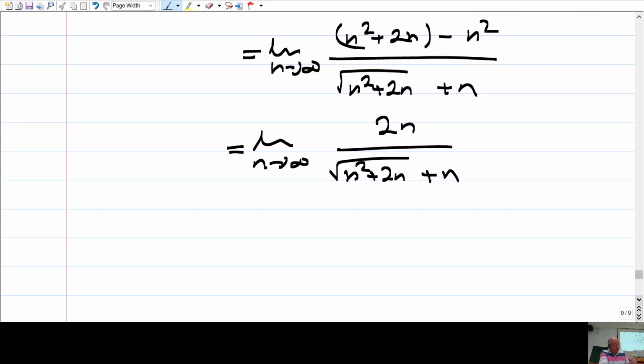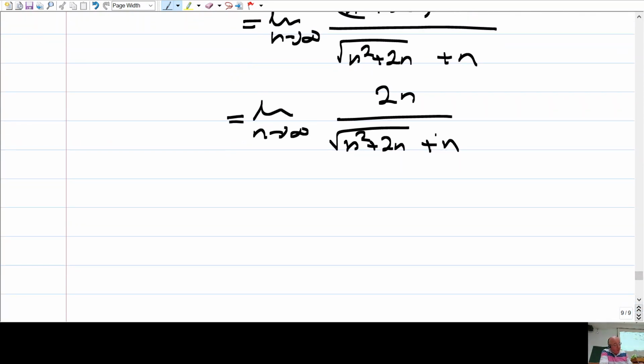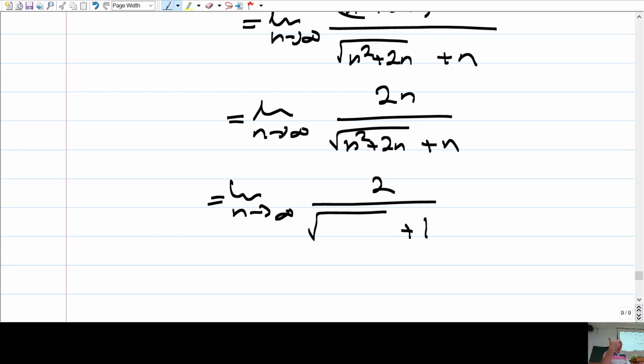Alright, then what? Well, I can divide both sides by n, and I get 2 here. If you divide by n, you have 1 here, n divided by n. And here you divide this thing by n, and it goes inside the square root as n squared. So this will be just square root of 1 plus 2 over n. I am just dividing both numerator and denominator by n.